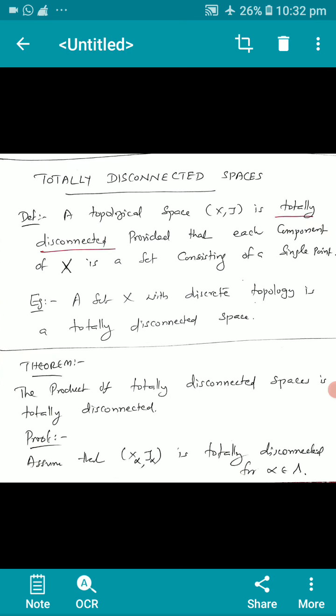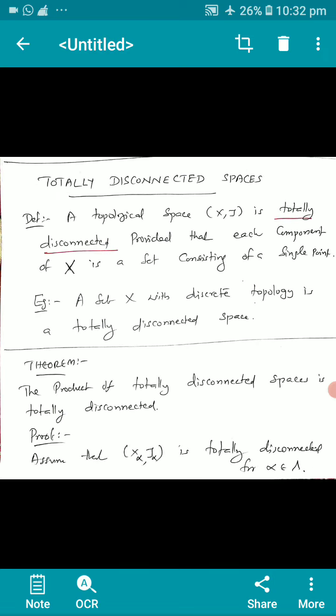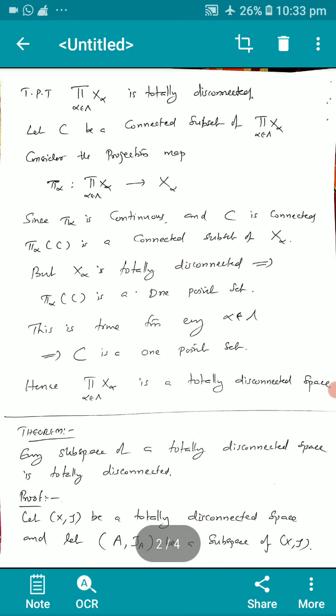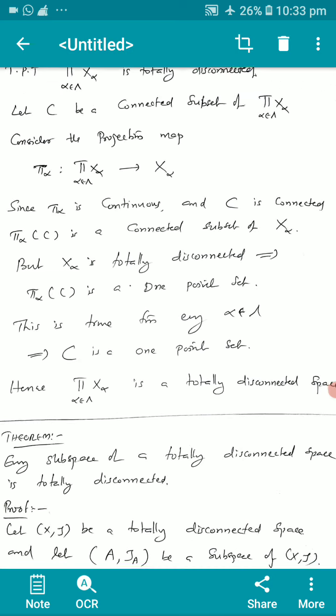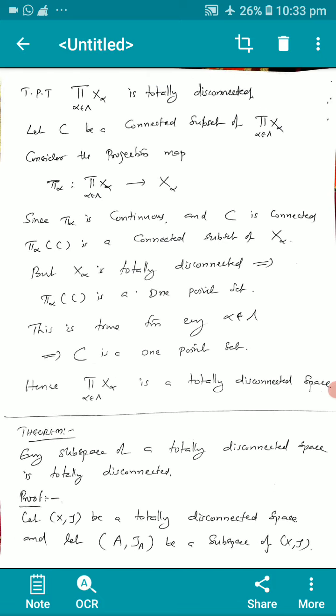Theorem, first theorem, the product of totally disconnected spaces is again totally disconnected. Proof: assume that X_alpha is totally disconnected for alpha in the index set. To prove that the product of X_alpha is totally disconnected, let C be a connected subset of the product.